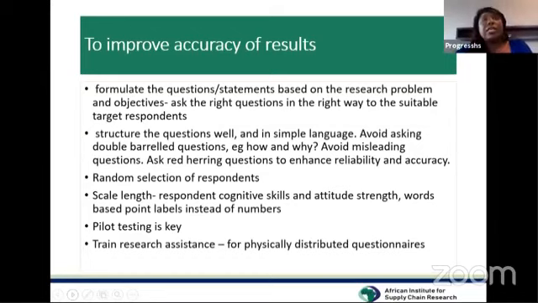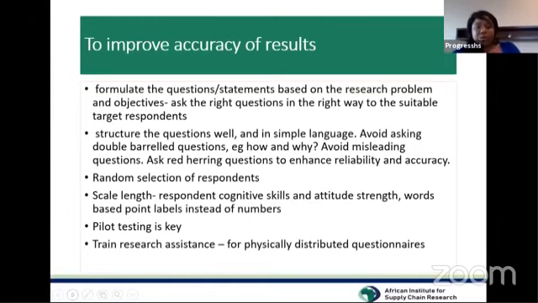And pilot testing is very, very crucial. This pilot testing will help you find areas that can be problematic with your scales and with your questions or statements. You also have to do that using the very same targeted population, so that it gives you an idea of how they will be in a position to understand this.